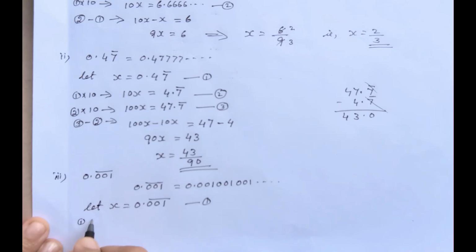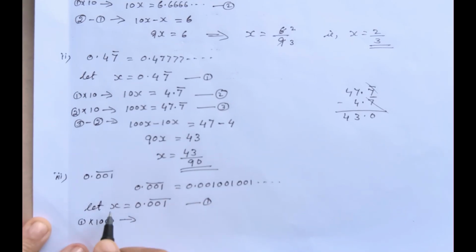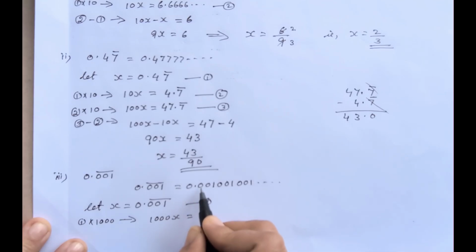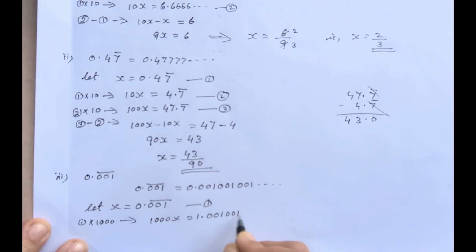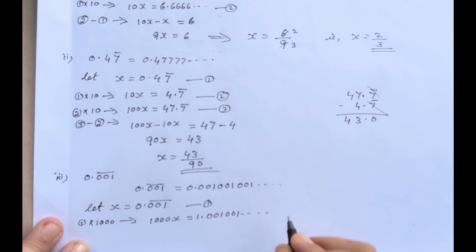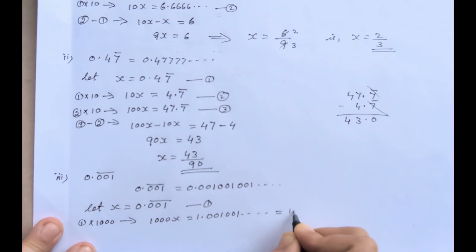Equation number 1 into 1000 gives, multiplying the left side by 1000, 1000x is equal to, multiplying the right side by 1000, we have to move 3 places: 1, 2, 3. That means 1.001 continuing that way, which we can write as 1.001 bar.